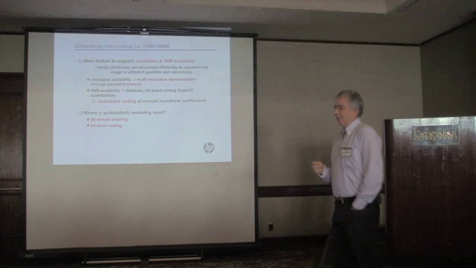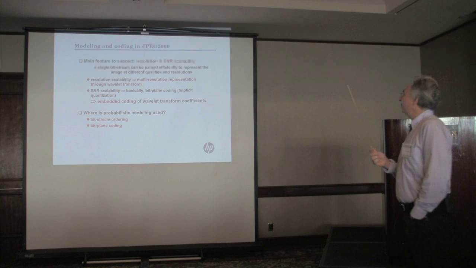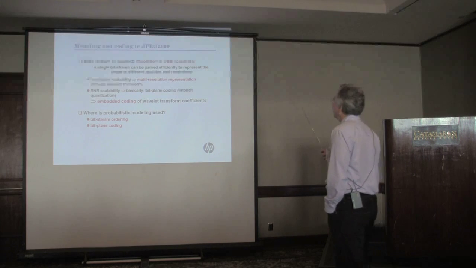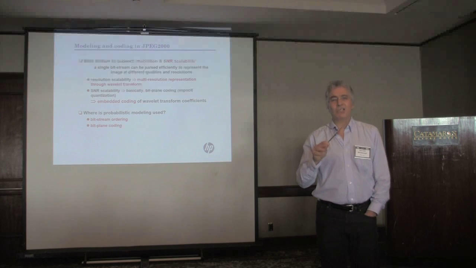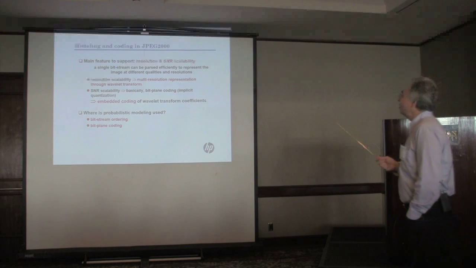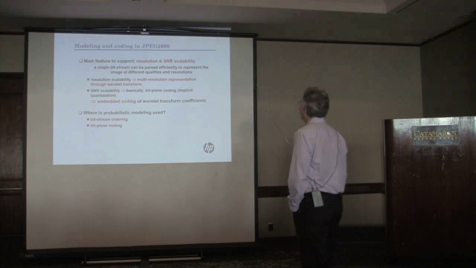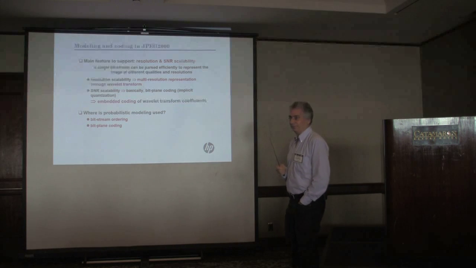When the standardization committee started working on JPEG 2000, the idea was to support resolution and SNR scalability. That was partially supported in the previous standard. So we want a single bit stream to be parsed efficiently to represent the image at different qualities and resolutions.